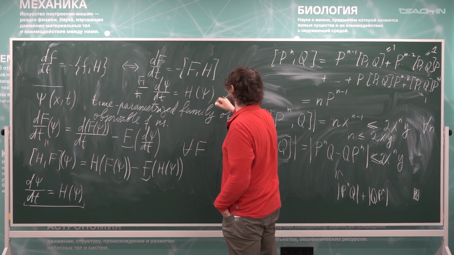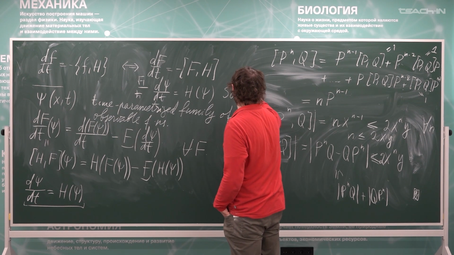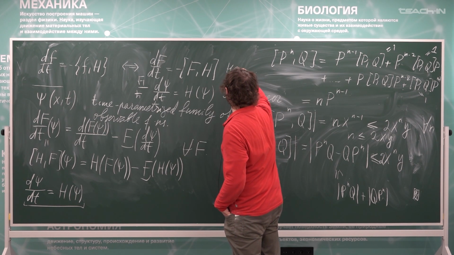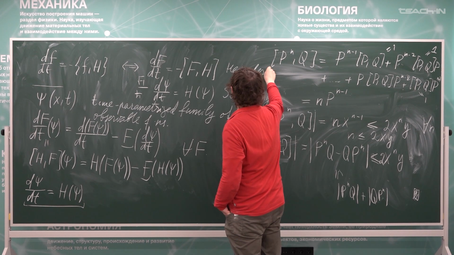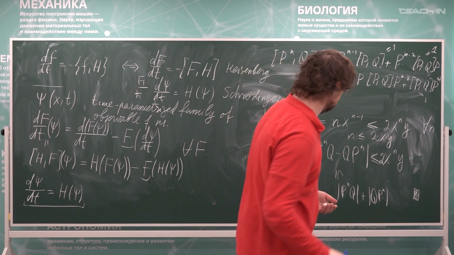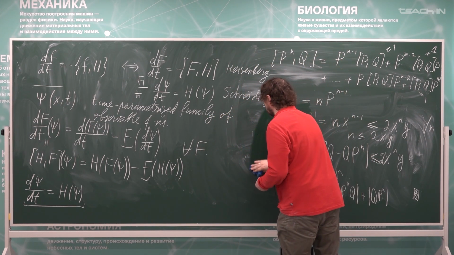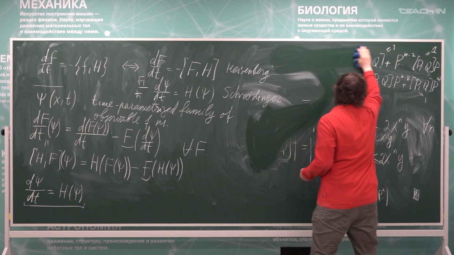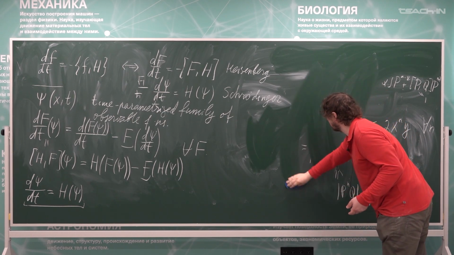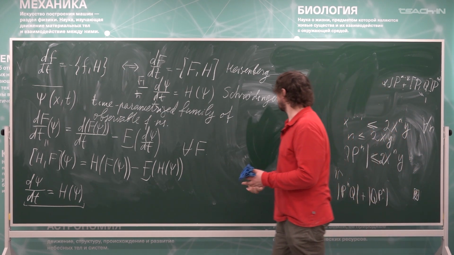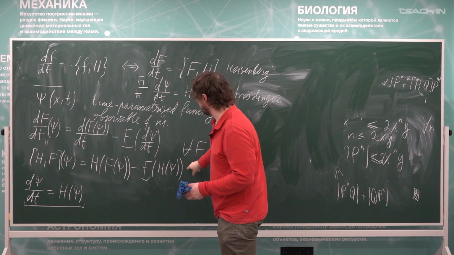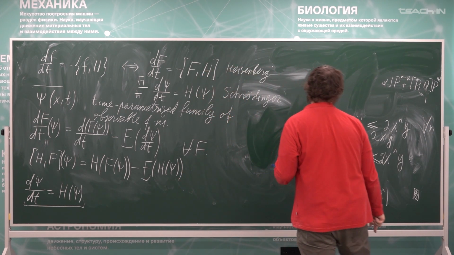It's much more popular than this one, which is sometimes called the Heisenberg equation. Usually the Schrödinger equation is postulated, whereas the Heisenberg equation follows from it by this kind of transformation.